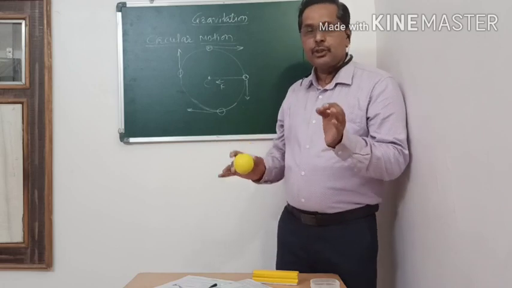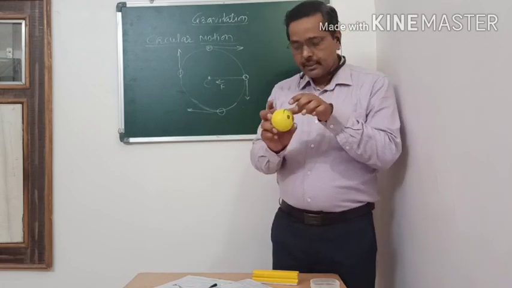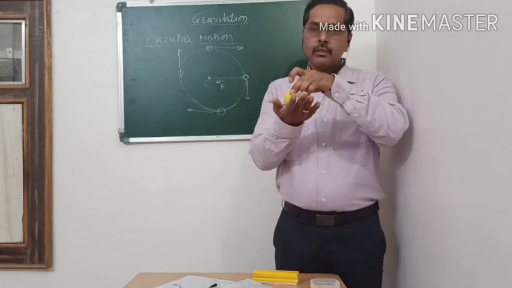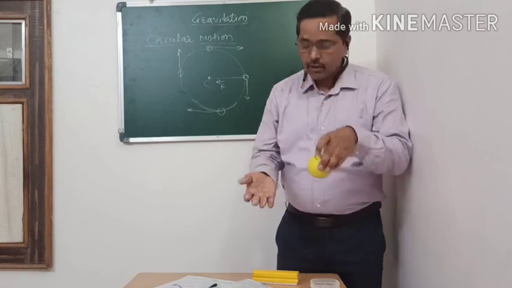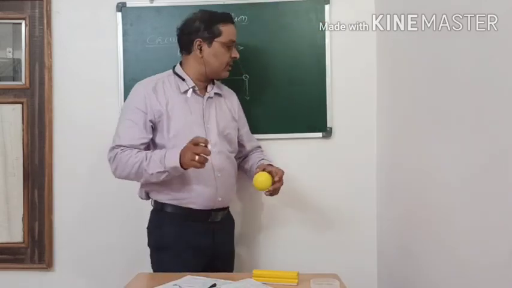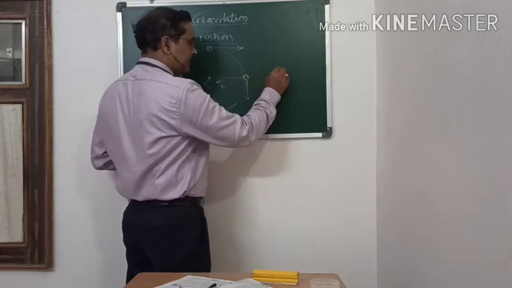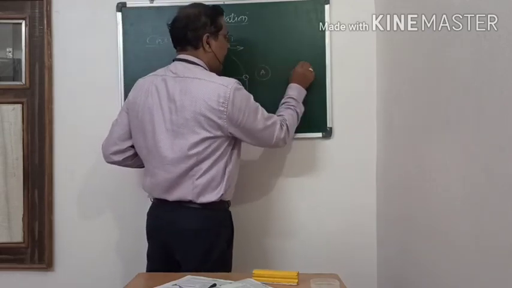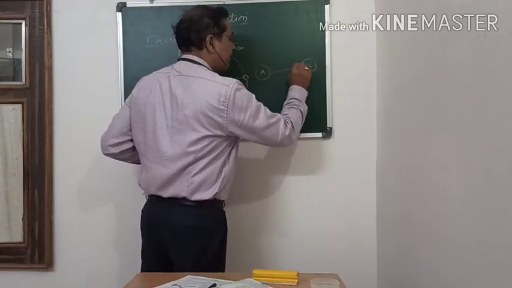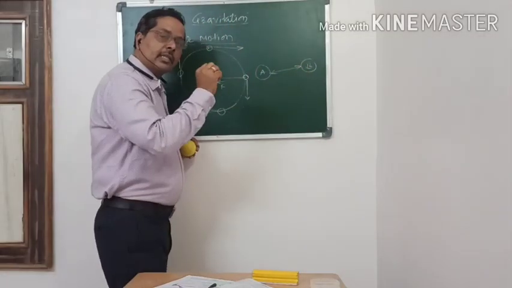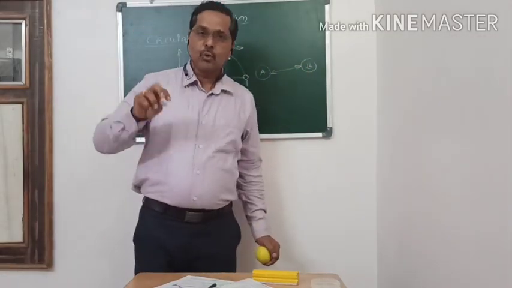It is the issue of mass only, but the ball also pulls the earth with the same force, because gravitational force is the attraction force between two objects, A and B.